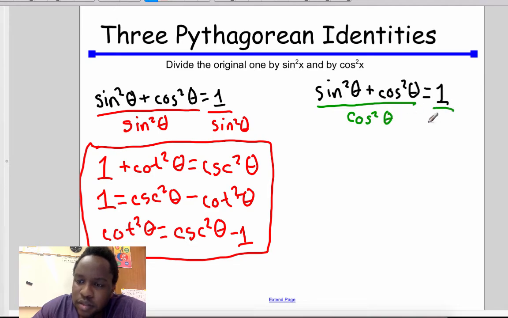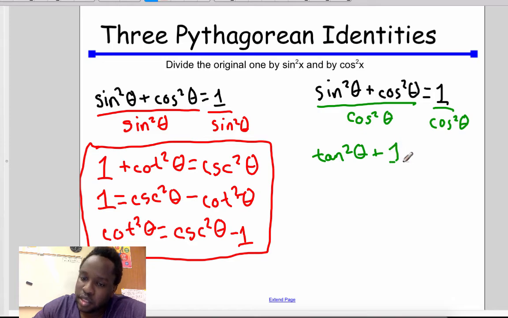And we're going to get three other identities. So sine squared over cosine squared is going to be tangent squared. So tangent squared theta plus cosine squared over cosine squared is 1. And then 1 over cosine squared is secant squared.